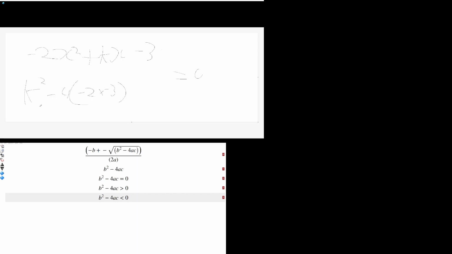Right, so this is going to be k squared minus 4 times 6, so minus 24 is equal to 0. So k squared is equal to 24. Oh, no, sorry, that's positive 24.